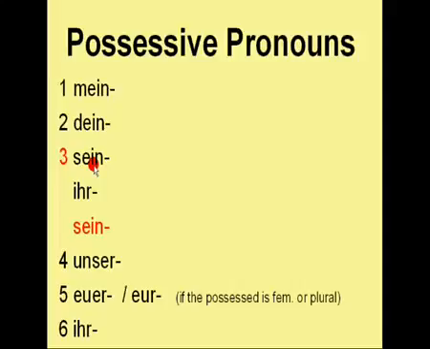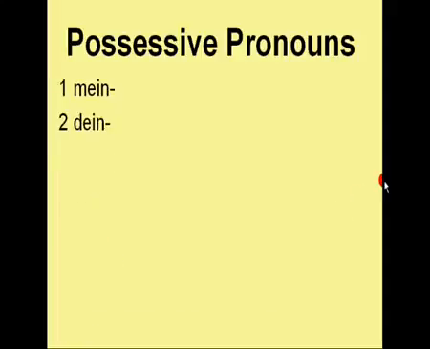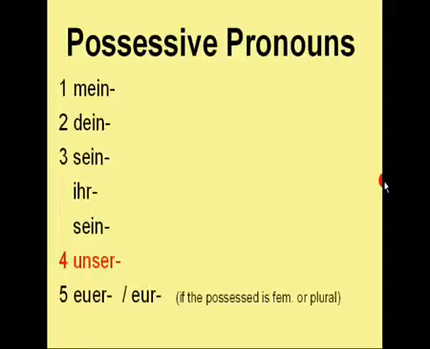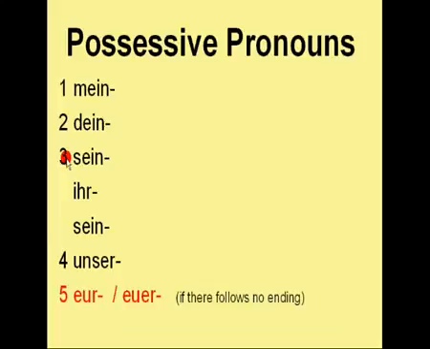If the possessor is in the first person plural, its word stem is unser, and this is how its possessive pronouns look like for every case. If the possessor is in the second person plural, its word stem is euer or eur-, if there follows no ending.